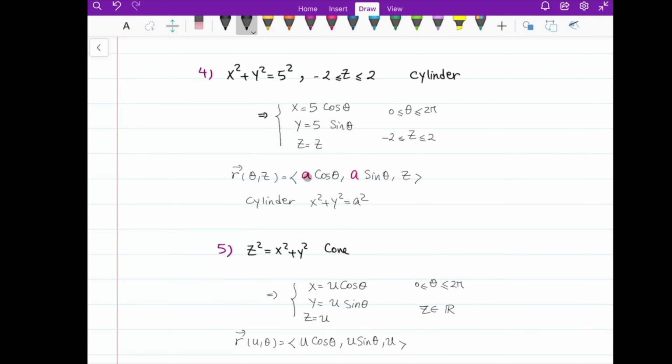For the cylinder, the radius is fixed, and then the angle is changing. For the cone, the radius is also changing. Okay, very good. These are the most important parameterizations, and that's it.